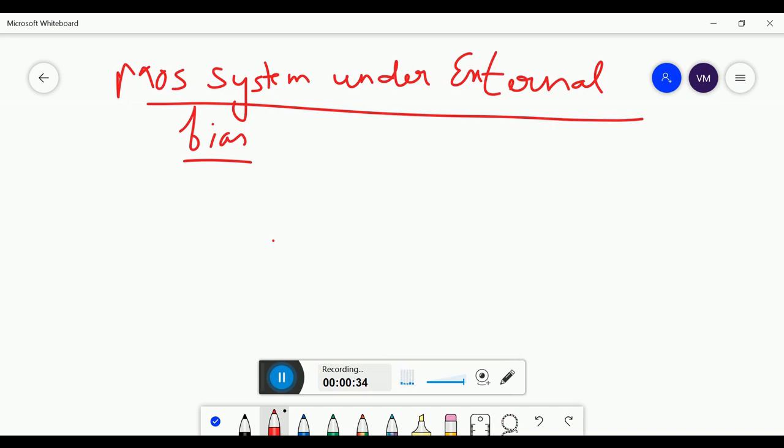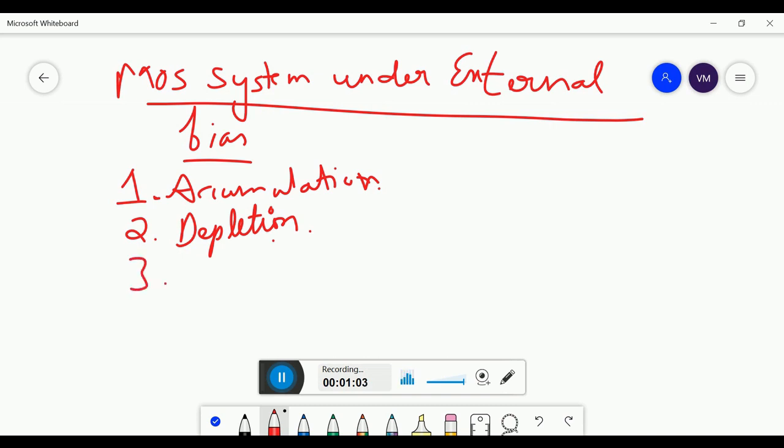Now depending upon the type of voltage which we are applying on the gate terminal, there can be three different types of operations. The first one will be known as accumulation. The second one will be known as depletion.